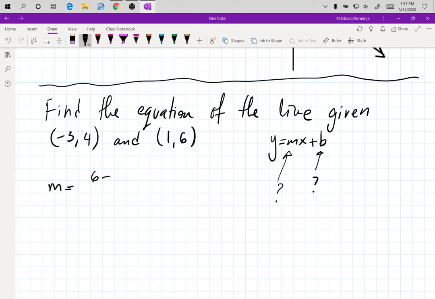You have 6 minus 4 divided by 1 minus -3. 6 minus 4 is 2. 1 plus 3 is 4, because negative and negative make a positive. And we get 1/2. So slope is 1/2.